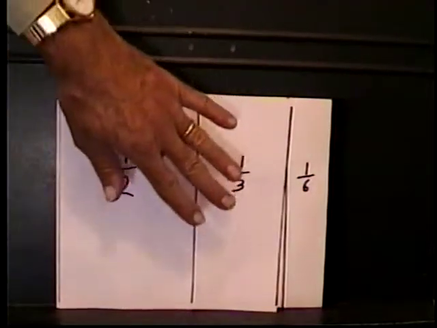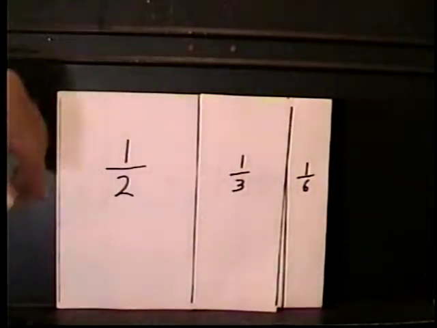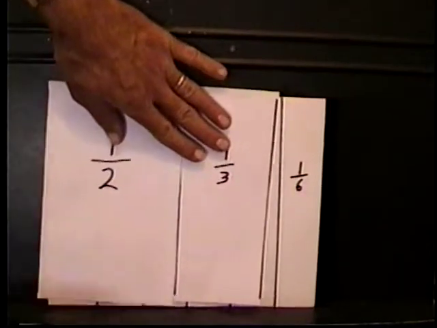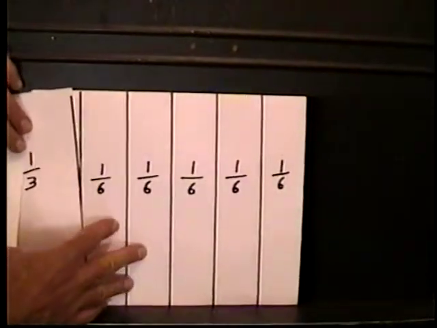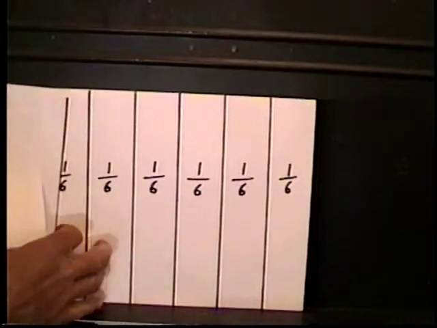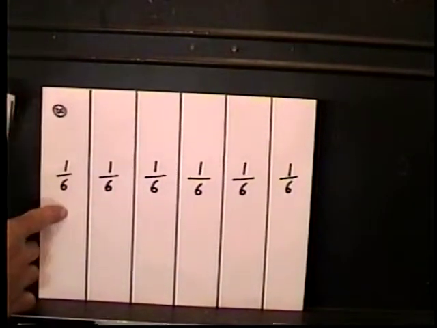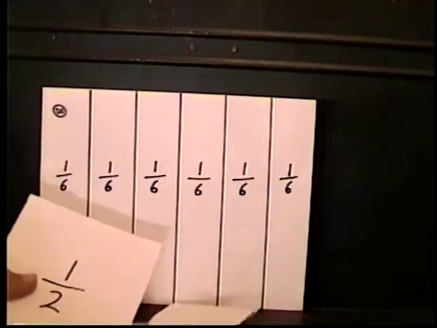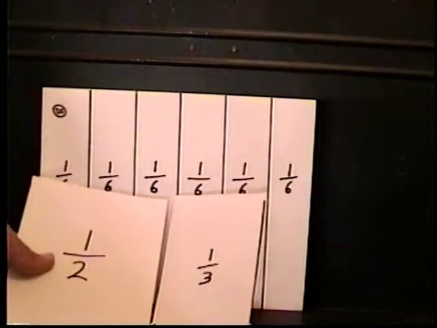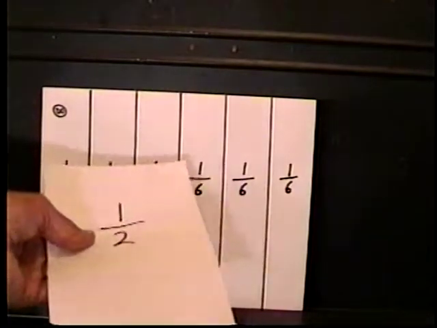So we've covered a bunch of the sixths. Let's see how many we did cover. 1, 2, 3, 4, 5. So that must mean that 1/2 plus 1/3 is 5/6.